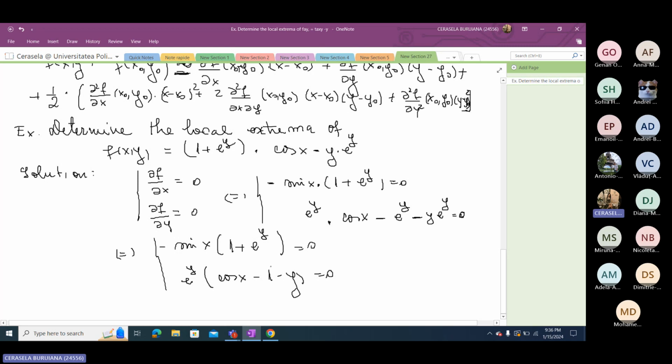From the first equation, it's 1 plus e power y, you know that's always... I have a question. Sorry? In the last parenthesis, isn't it minus 1 plus y? Because don't we transform the... The second equation, you mean? Yes. Isn't it minus e to the power y plus y e to the power y from deriving?